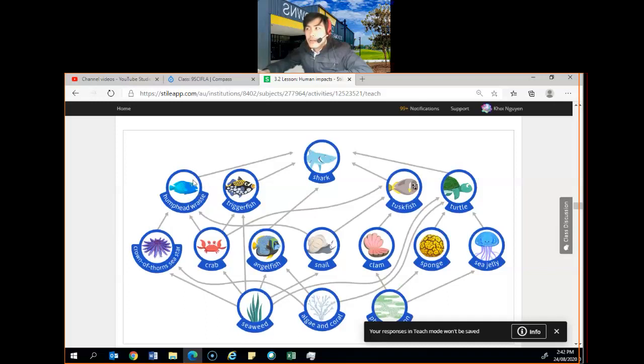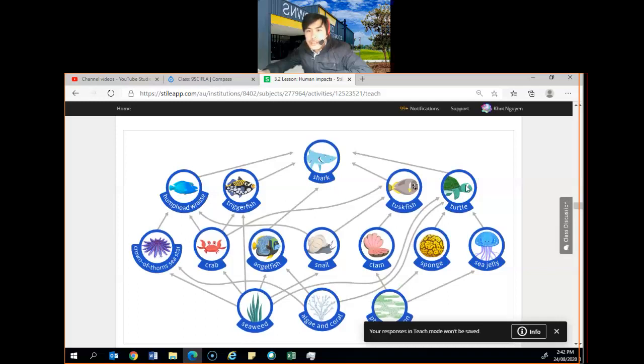Basically, the shark eats the humphead wrasse, so they would lose the food source and the population of the shark would decrease. What about the turtle? Because the population of sharks would decrease, there would be fewer sharks to hunt the turtle.